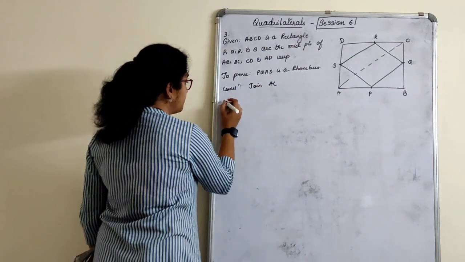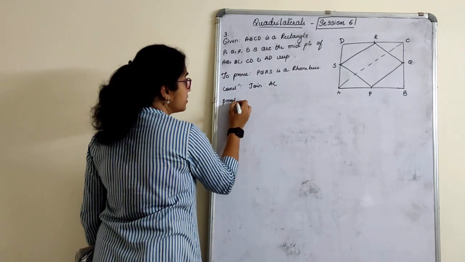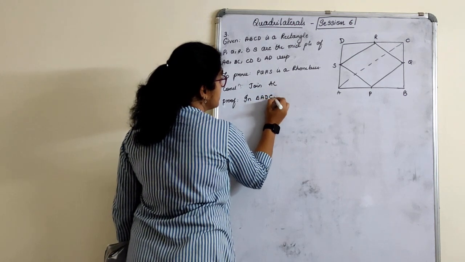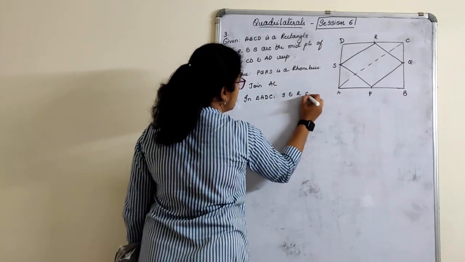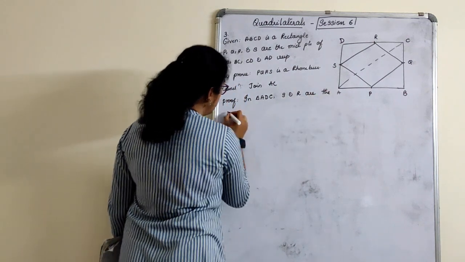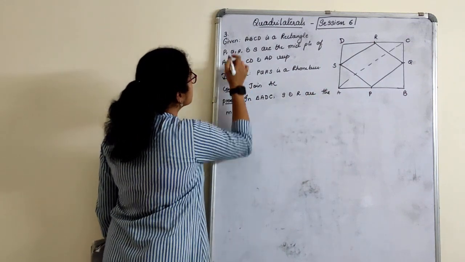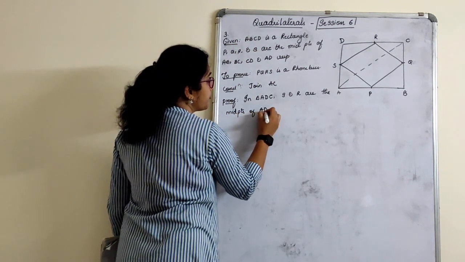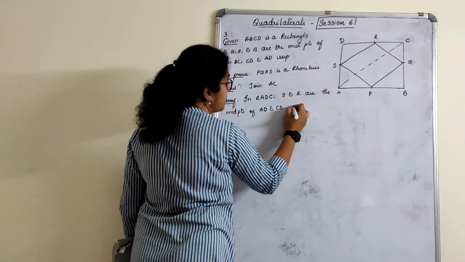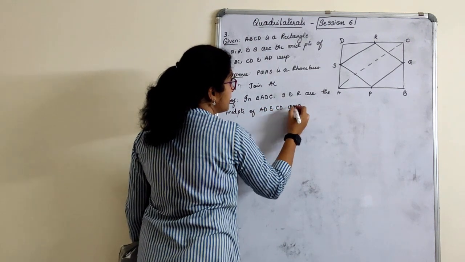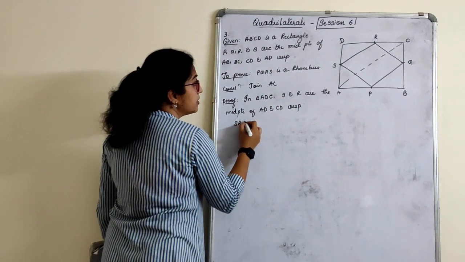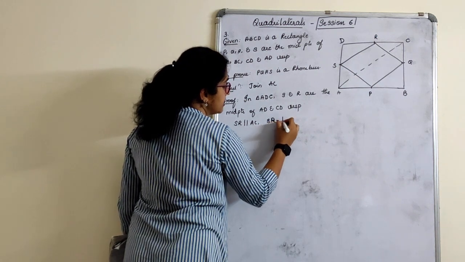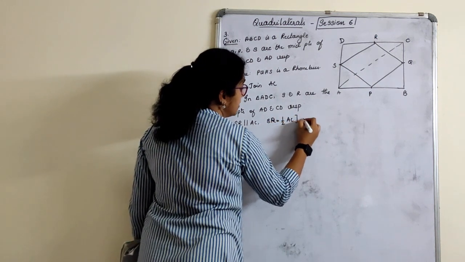Okay, let's again start our usual thing. Proof. In triangle ADC, S and R are the midpoints of AD and CD respectively. So SR is parallel to AC and SR is equal to half AC.